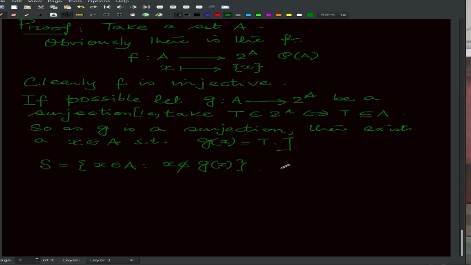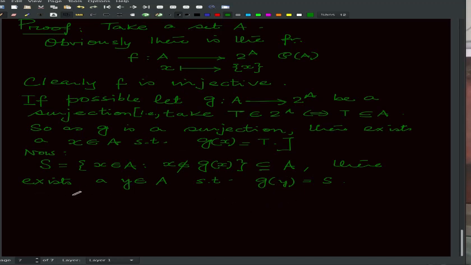I don't know whether S is an empty set or S is the whole of A. I don't know. So now, this being a subset of A, there exists a y in A such that G(y) is equal to S. That's what you have told me.